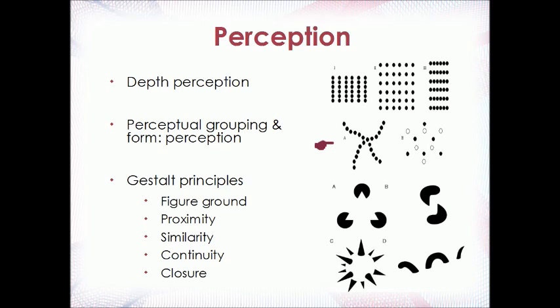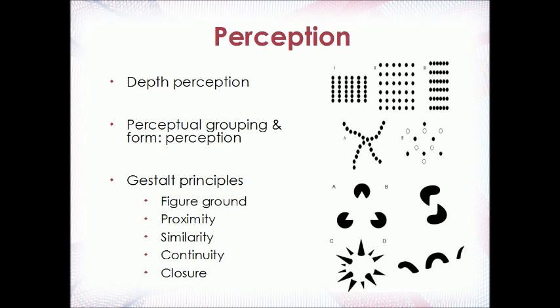When you look at that kind of X shape, you go from the top left corner to the bottom right corner. So you see an X of dots. You don't really see it going from top left to top right as a little curve. You rather see two straight lines intersecting. That is the principle of continuity, that the lines continue straight.